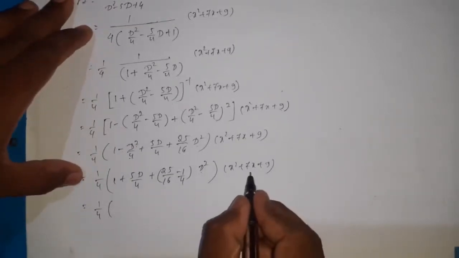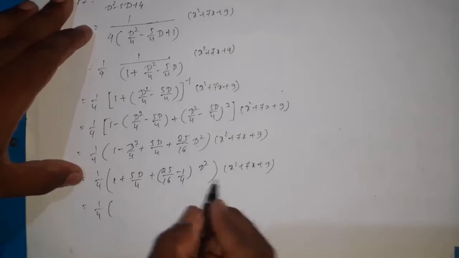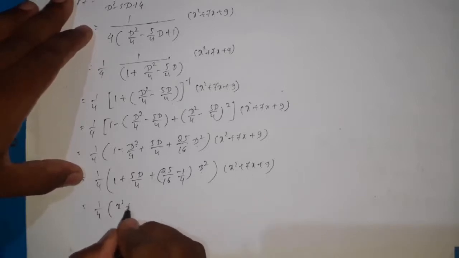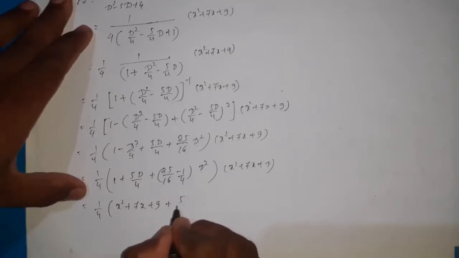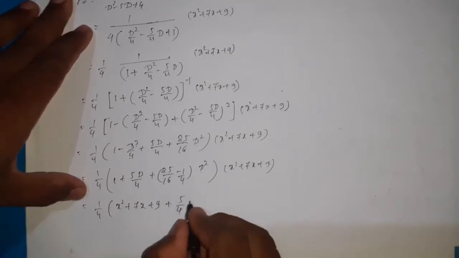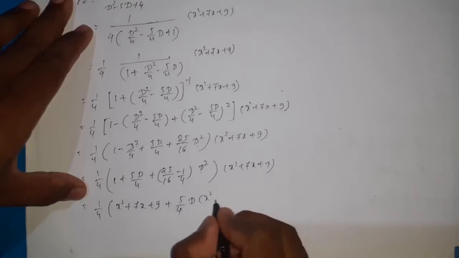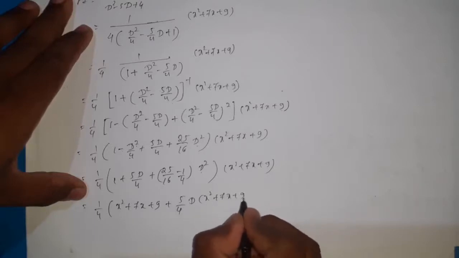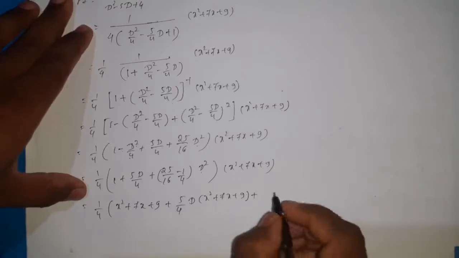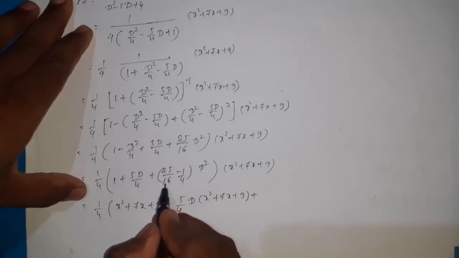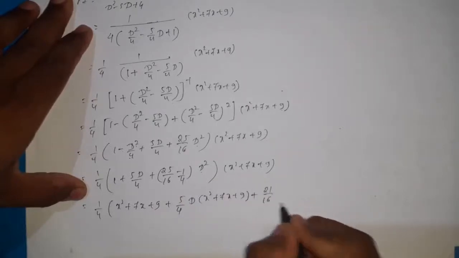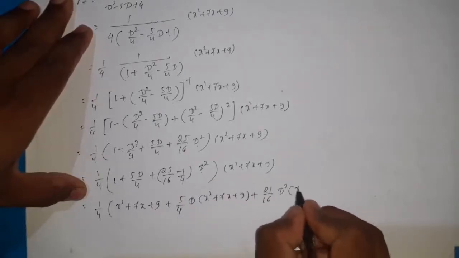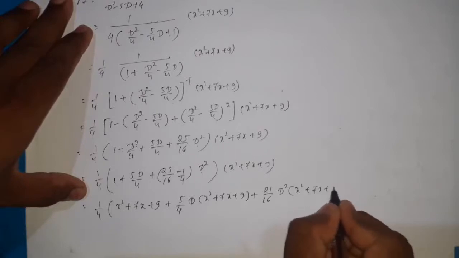Now multiplying this with all these three terms, so x square plus 7x plus 9 plus 5 by 4 into the differentiation of x square plus 7x plus 9 plus. So here LCM is 16. After simplifying this one, we will get 21 by 16 D square of x square plus 7x plus 9.